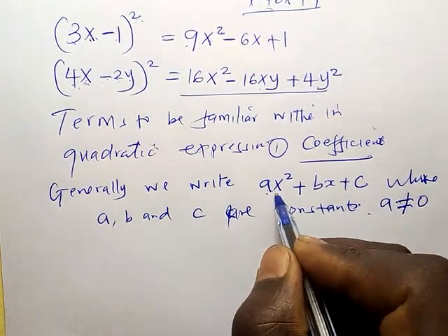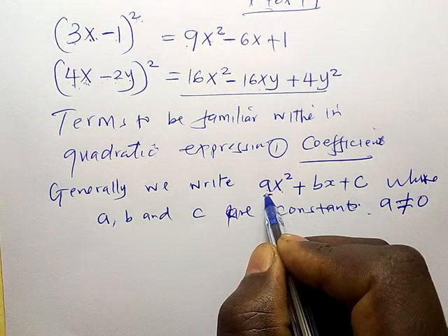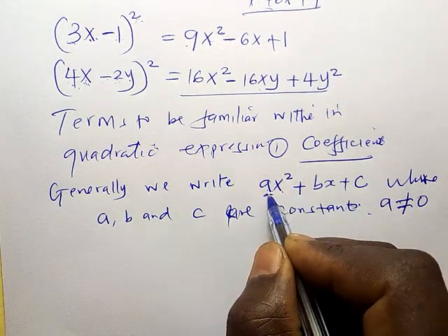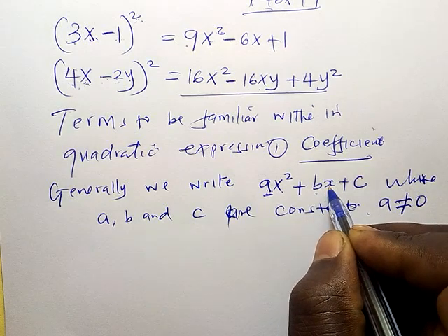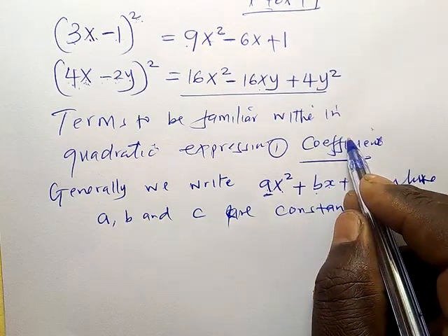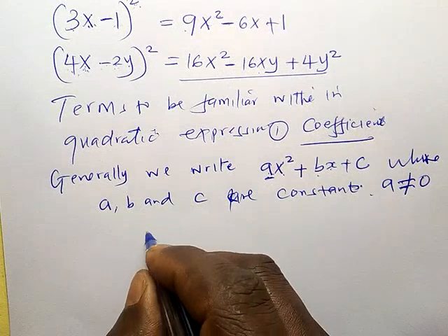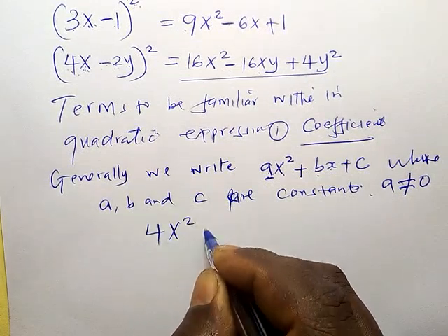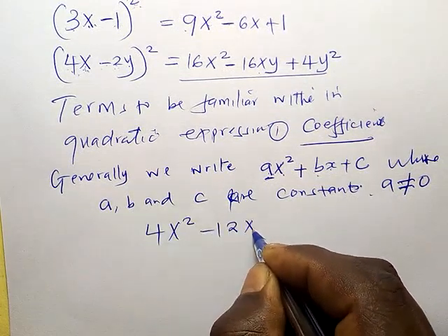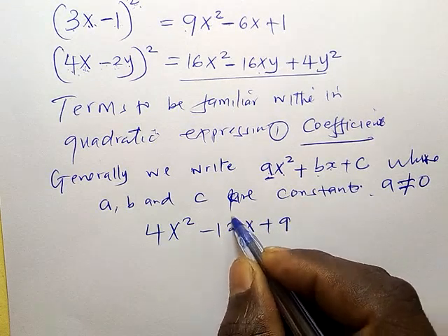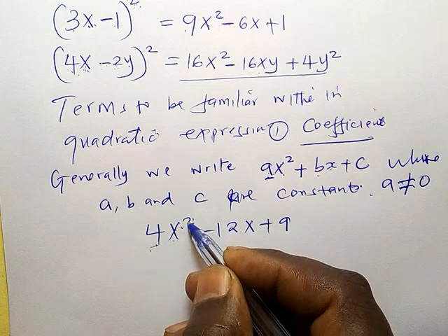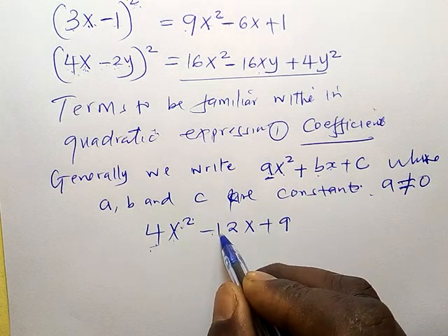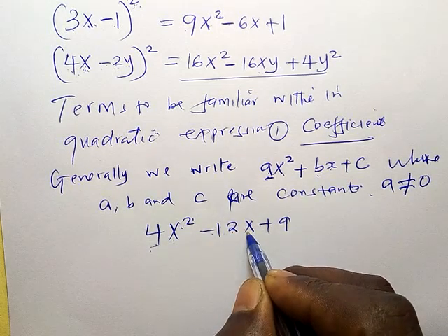Now, ax squared, this is what we call the coefficient of x squared. A is a coefficient. B is the coefficient of x. So now you know what a coefficient is. So for example, if I have 4x squared minus 12x plus 9, the coefficient of x squared is 4. Negative 12 is the coefficient of x.